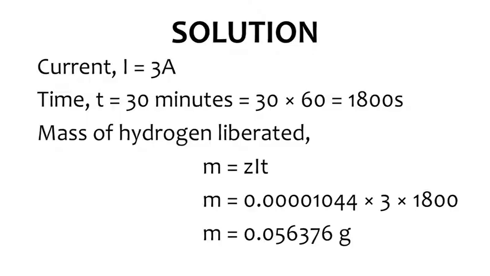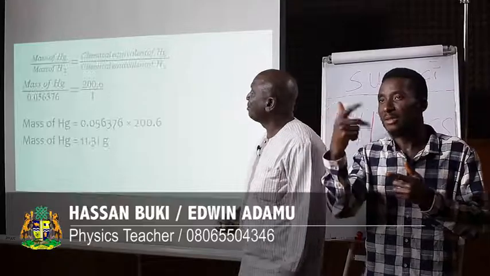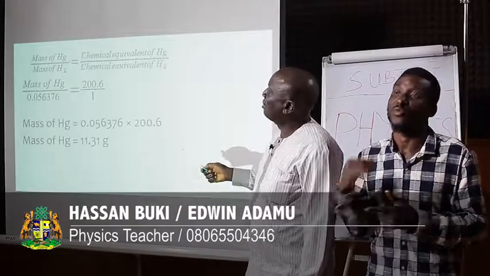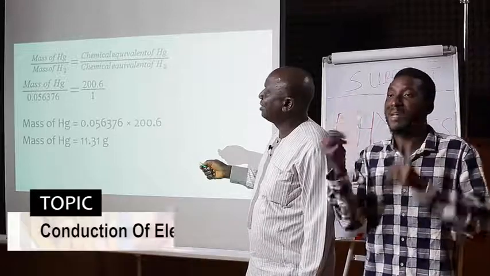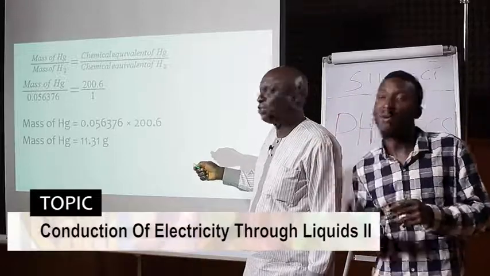So M is equal to 0.00001044 times 3 times 1800. And therefore, we have M, our mass, equal to 0.056376 grams. So we have mass of mercury over mass of hydrogen.